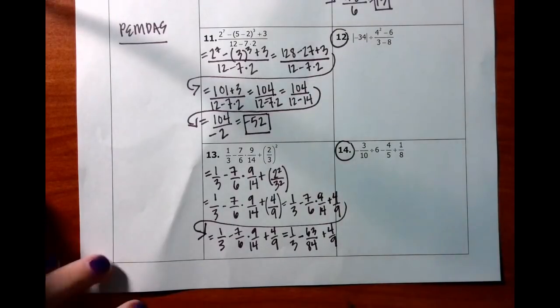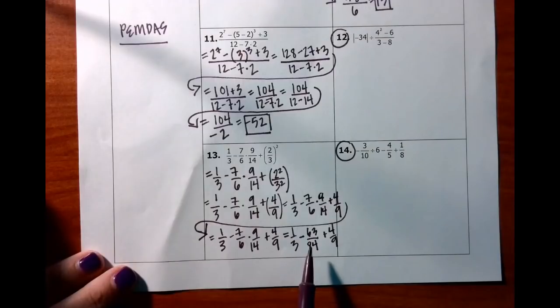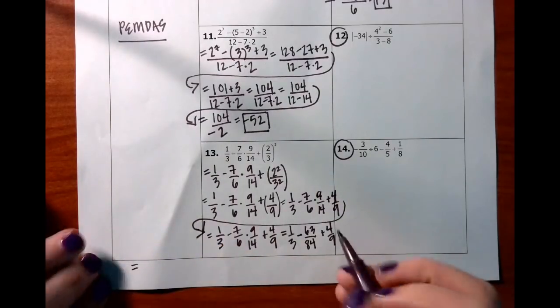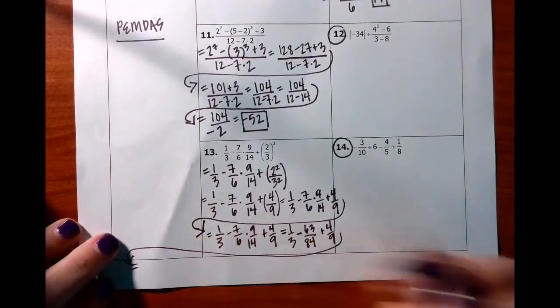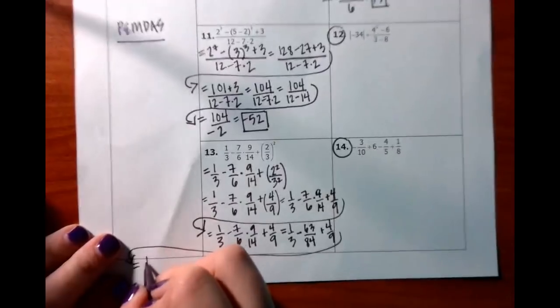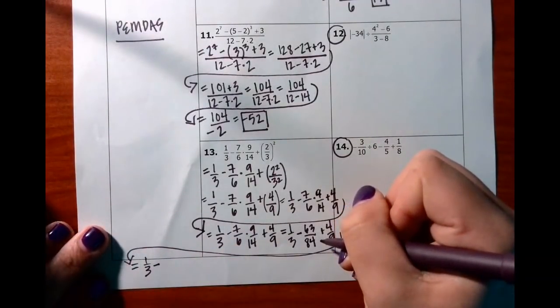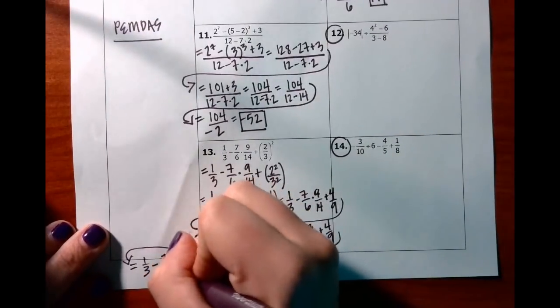Now, the easiest thing to do is to simplify this middle fraction first. If I do that, I don't have as many steps to do. So I'm going to do 1/3 minus 63 over 84, which simplifies to 3/4.